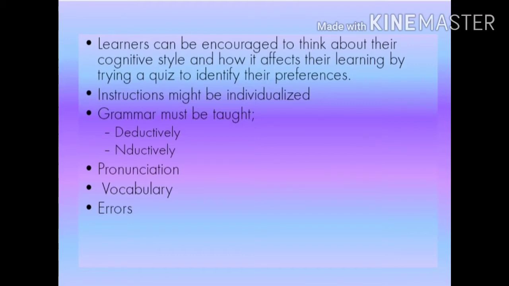Pronunciation is not emphasized because perfect pronunciation is unrealistic. The four abilities are viewed as equally important. Vocabulary is important, mostly at the intermediate and advanced levels. Errors are viewed as an important part of the process.